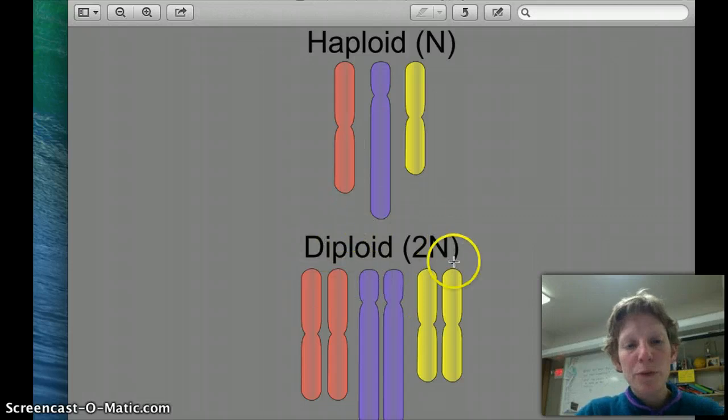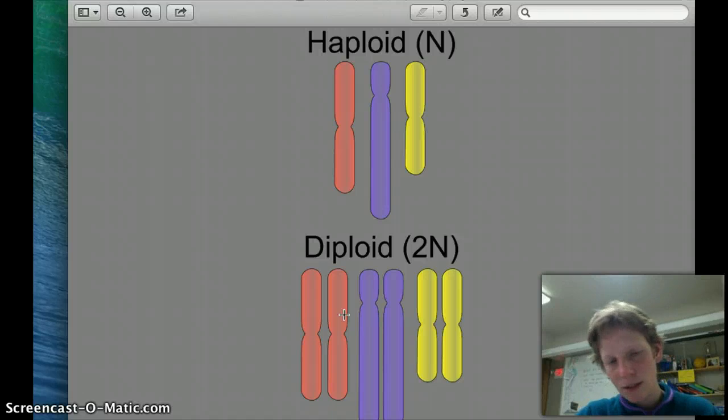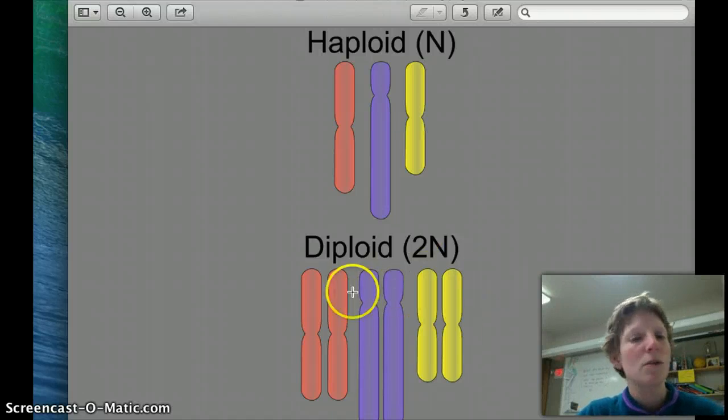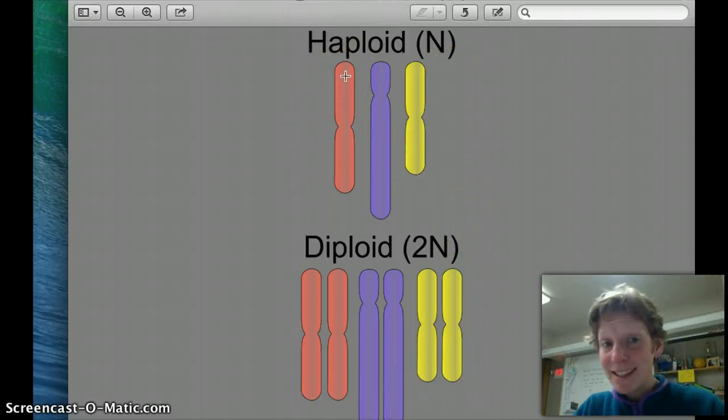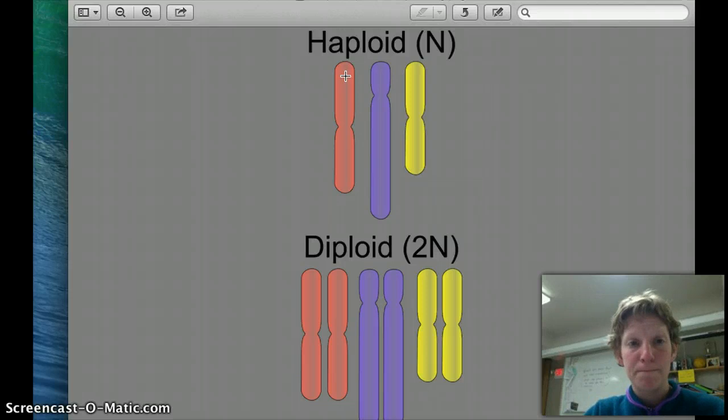So diploid refers to our typical body cells: skin cells, hair cells, eye cells, liver cells, tongue cells, whatever. All of our somatic body cells are diploid because they have pairs of chromosomes. But our sex cells, our sperm and eggs, our gametes, are haploid because they only have one of each chromosome.